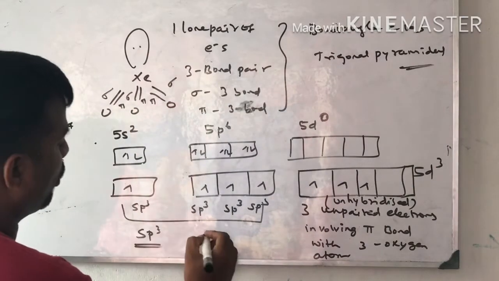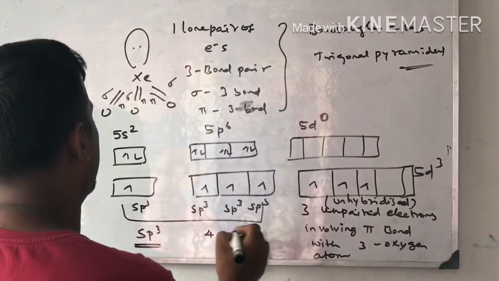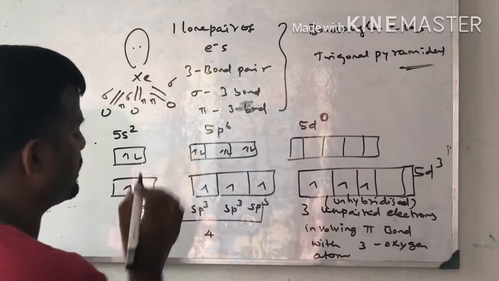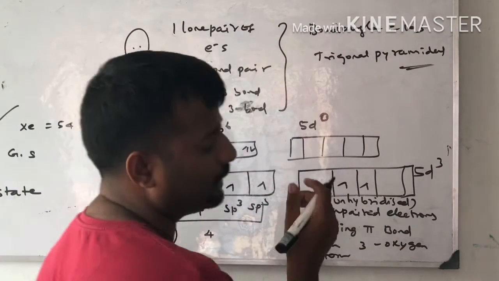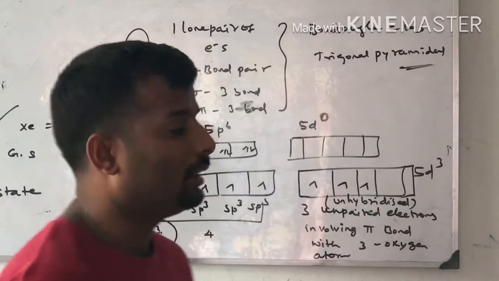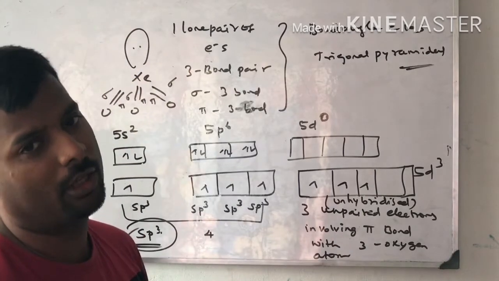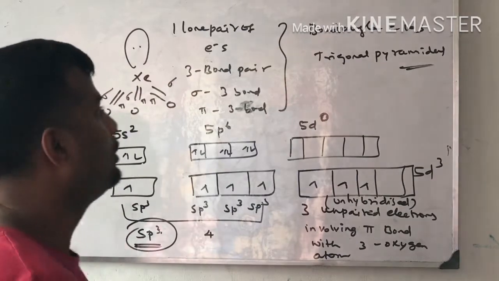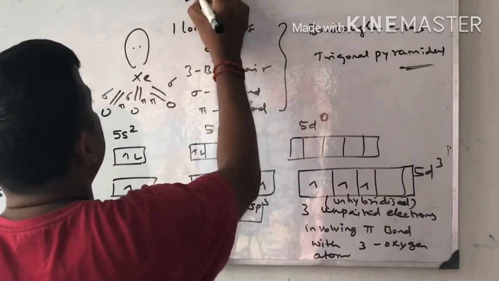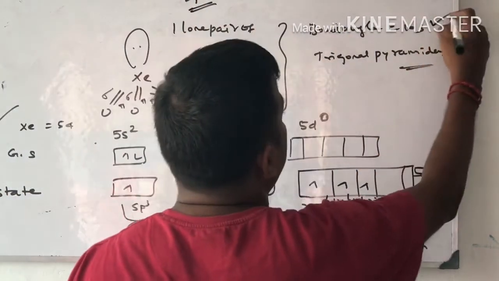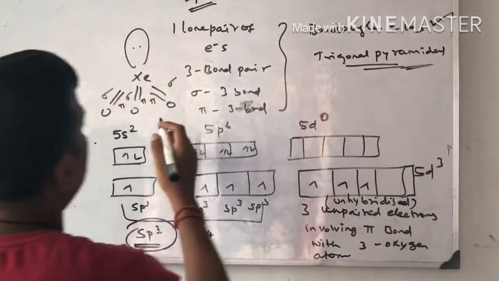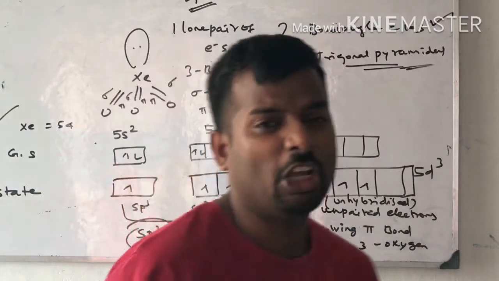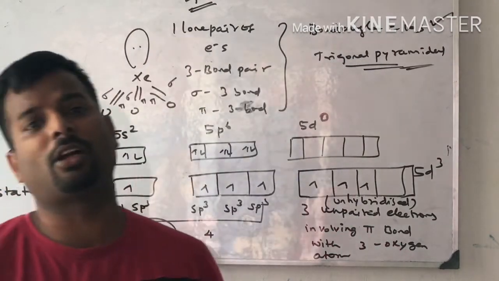Therefore, a total of 4 orbitals are involved in hybridization, so it is called sp3 hybridization. 3 unhybridized orbitals are involved in pi bonding with oxygen. So the hybridization is sp3, bond angle 103, trigonal pyramidal shape, 3 sigma bonds, 3 pi bonds, 1 lone pair and 3 bond pairs. This is the information for xenon trioxide.